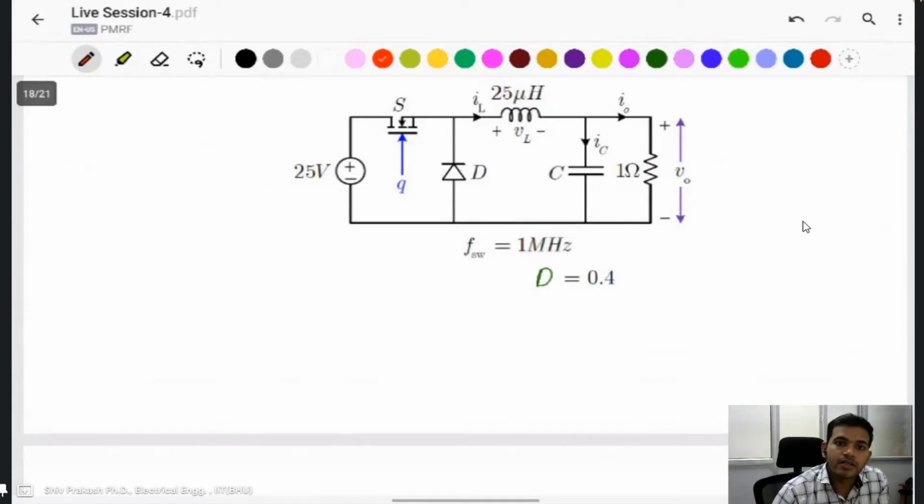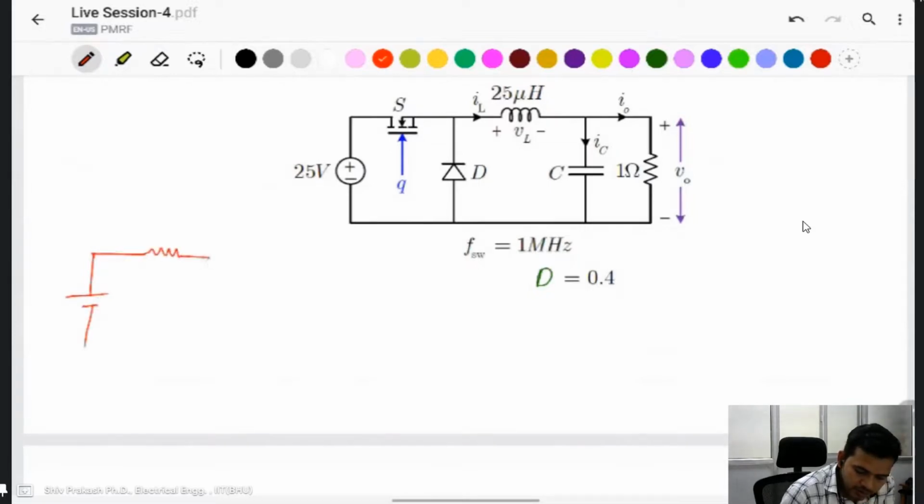Let me redraw the circuit to explain this in more detail. The switch is given. This one is plus, this one minus.